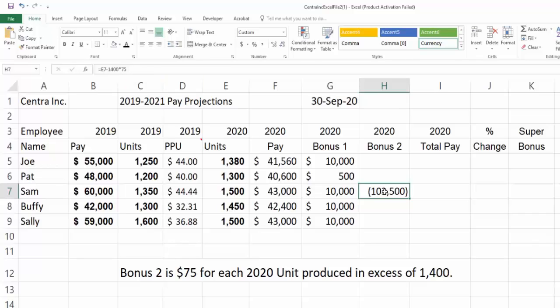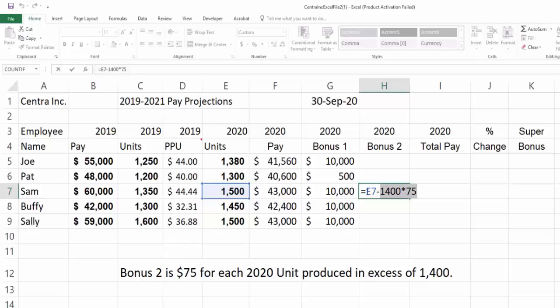So have a look. You know that the computer is going to do 1,400 times 75 first. We covered BEDMAS, order of operations, last week. If you are still not familiar with it, please look at the tutorial. I put it under week 2. But the computer is going to do 1,400 times 75 because multiply happens first, and minus that from E7.